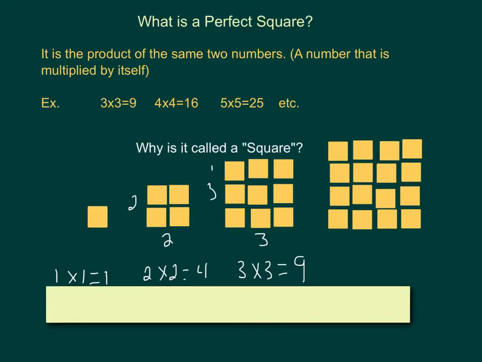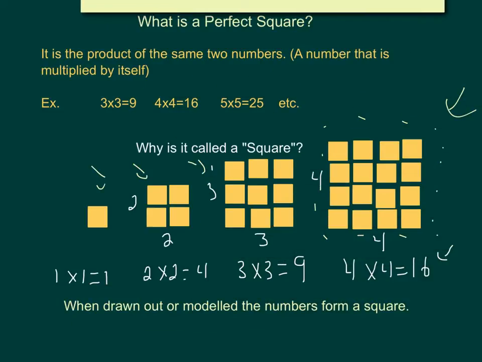So, when I look on the side again, this time I've got 4 on the side. The other side I've got 4. So 4 times 4 gives me 16. And 16 again is considered a square number because, you got it, this makes a square. So they're called squares because when these numbers are multiplied by themselves, they actually can create the shape of a square.